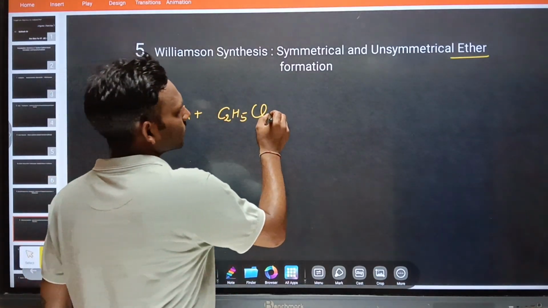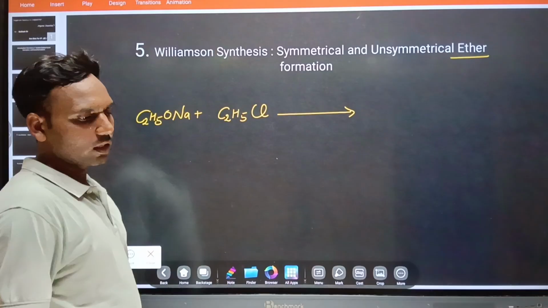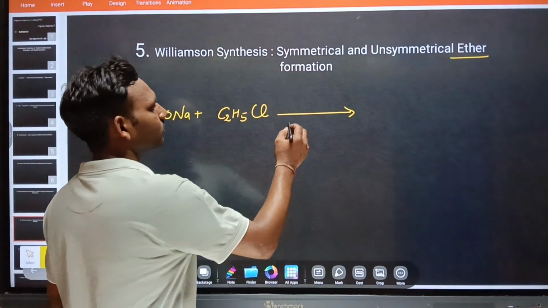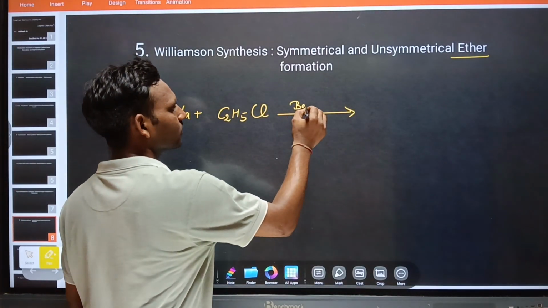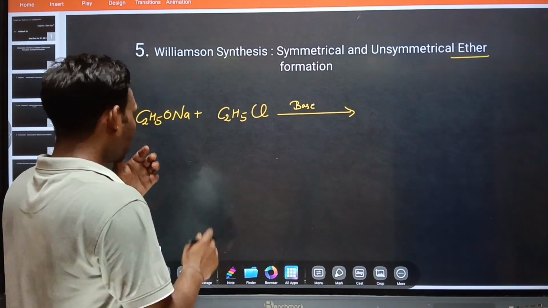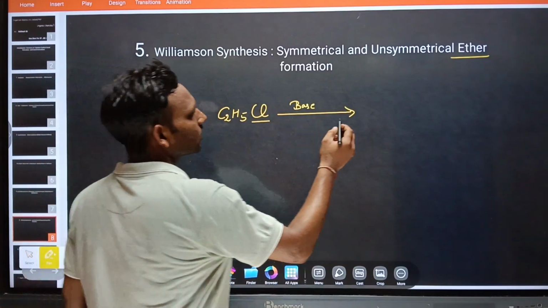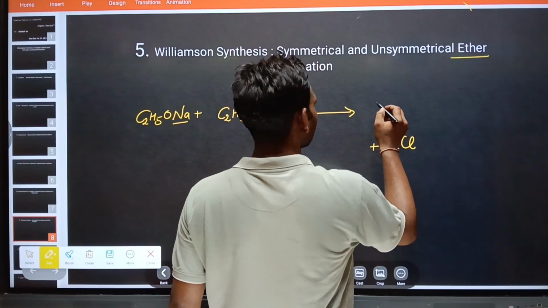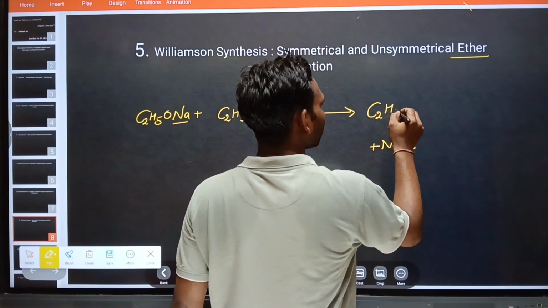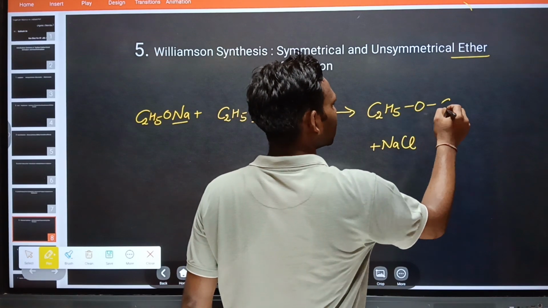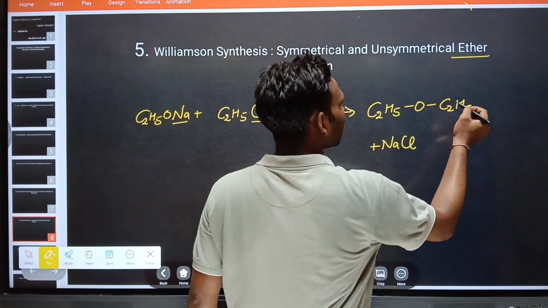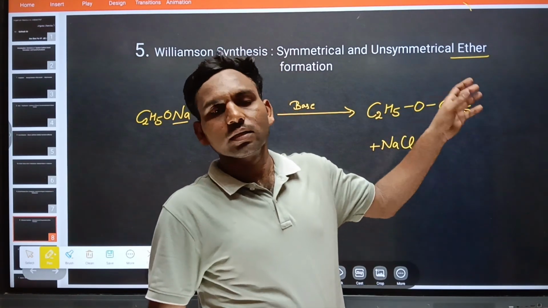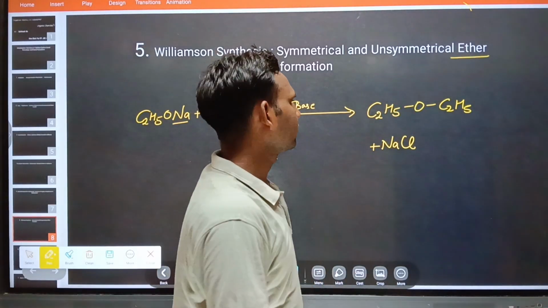Okay, then in the presence of base, they remove Na and Cl, then the remaining C2H5O C2H5. Here both alkyl groups are similar, which means symmetrical ether.